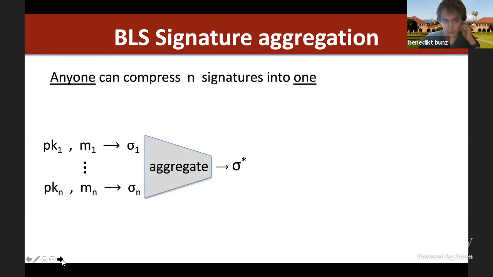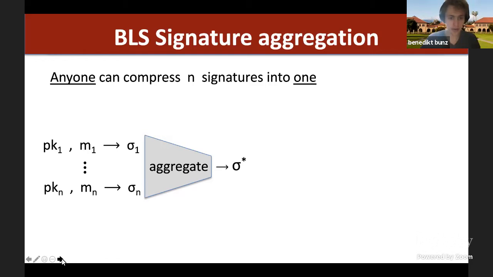And the final application is related to BLS signature aggregation. Just to quickly recall, signature aggregation means that I have n signatures from n different public keys on n different messages.